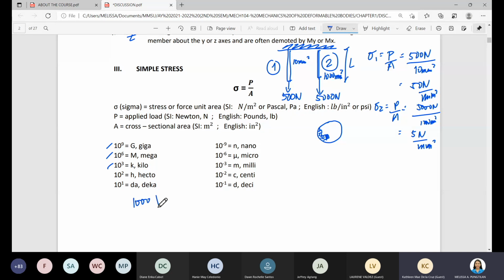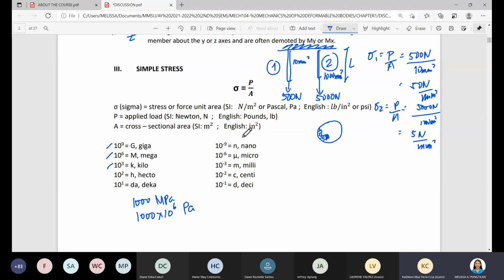Kung gusto kong i-convert yan into Pascal, ita-times mo lang ng 10 to the 6 para maging Pascal. Kasi hindi consistent. For example, nagbibigay din ako ng gigapascal, kilopascal. Pero, pinaka-common lang kasi yung megapascal. Pero, kailangan i-familiarize itong mga scientific notations na to.